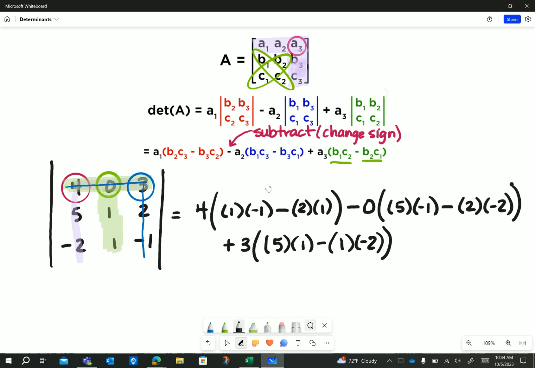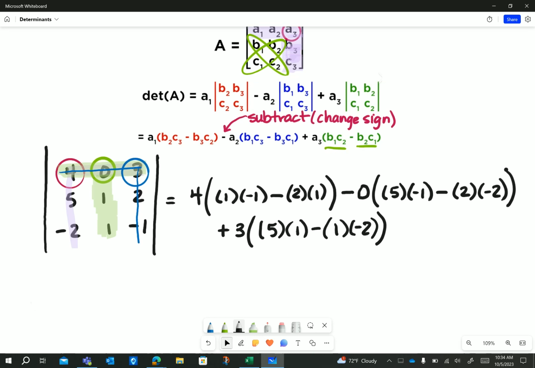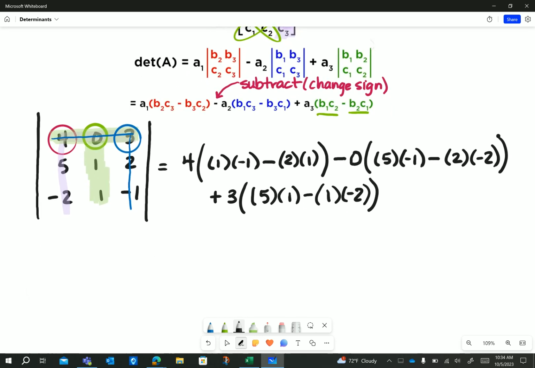Now that we've finished setting it all up, we are going to simplify. I'm going to put the 4, 1 times negative 1, 2 times 1.